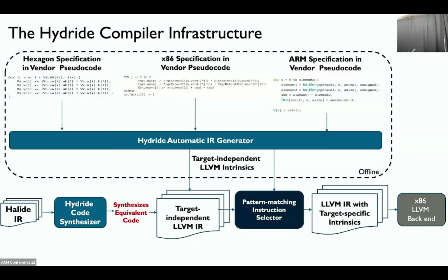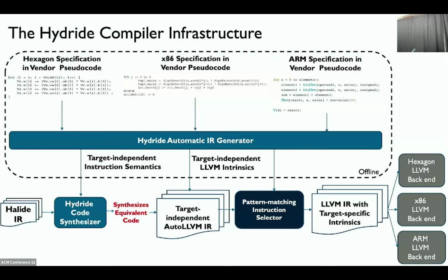Hydride's code synthesizer takes Halide IR as input and automatically synthesizes semantically equivalent target independent code, and it provides formal correctness guarantees since it uses the automatically generated target independent instruction semantics. And Hydride also supports other targets, including Hexagon and ARM.